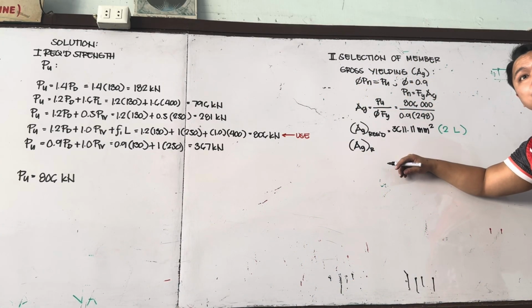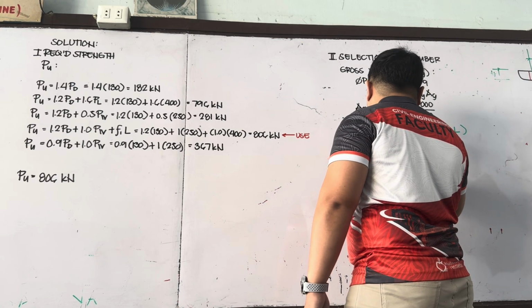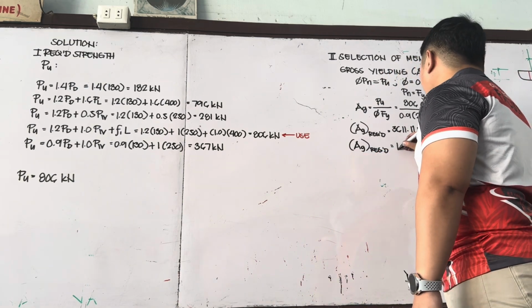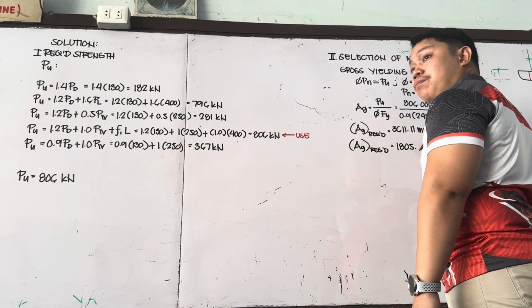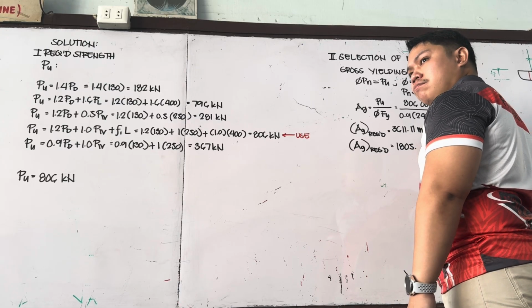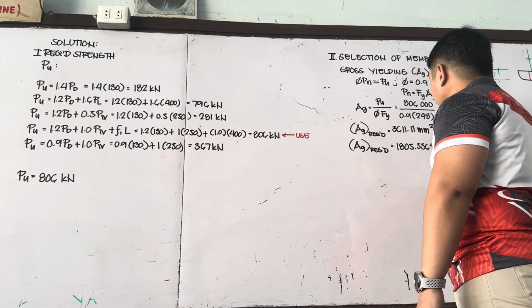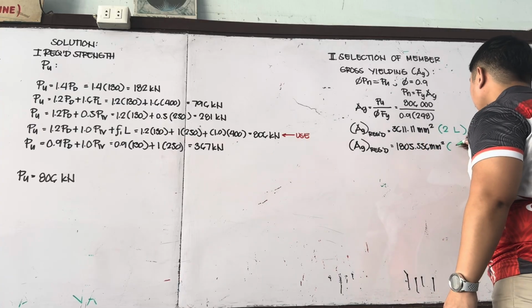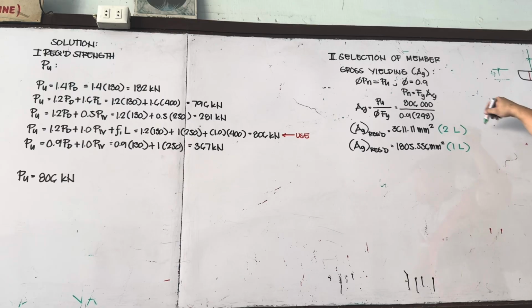Single angle lang, so meaning, i-divide na siya into 2. So for our AG required, that is equal to 1,805.12 millimeter squared. So this is for single angle.